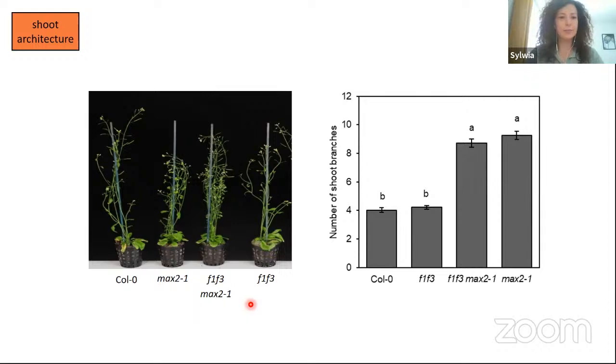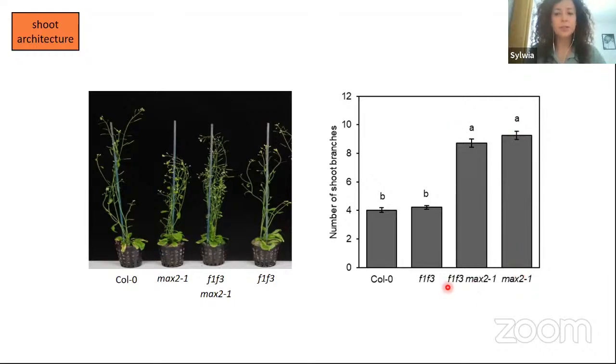The first assay, testing shoot architecture, we grew plants for 50 days in normal day-night conditions. After those 50 days, we counted the number of rosette branches. As you can see on the graph, there was no difference between the number of shoot branches of Col-0 and the double mutant F1, F3, while the MAX2 mutant, as expected, shows almost or more than double the number of shoot branches.